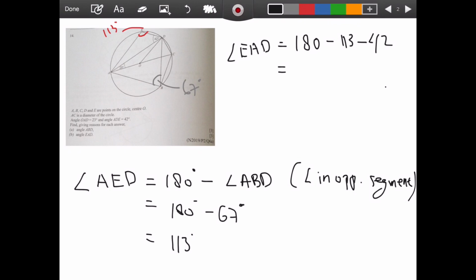And what do we get? 25 degrees, right? This is just the sum of angles in a triangle. So this is the answer. EAD is 25 degrees.